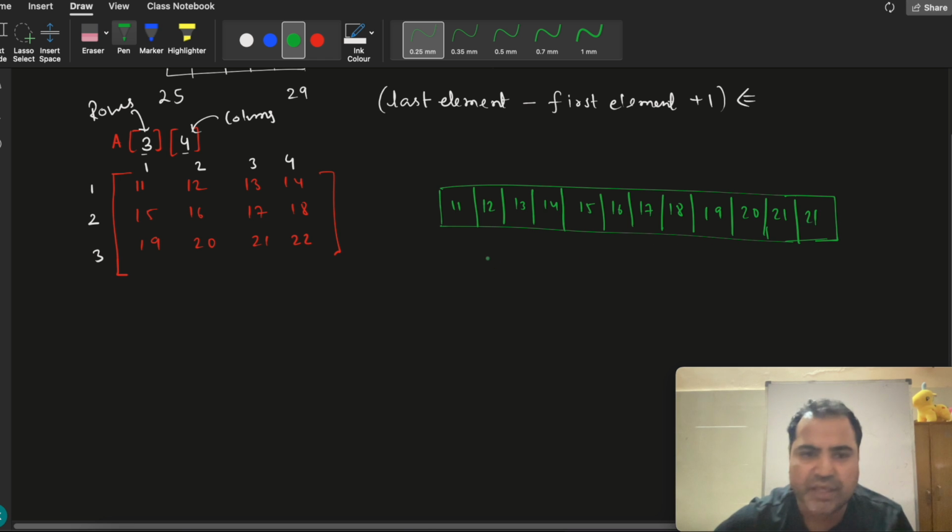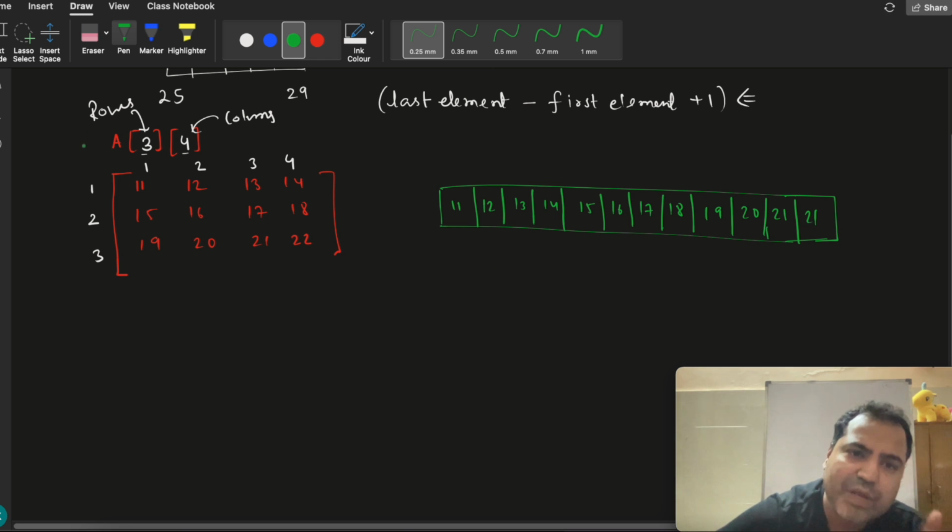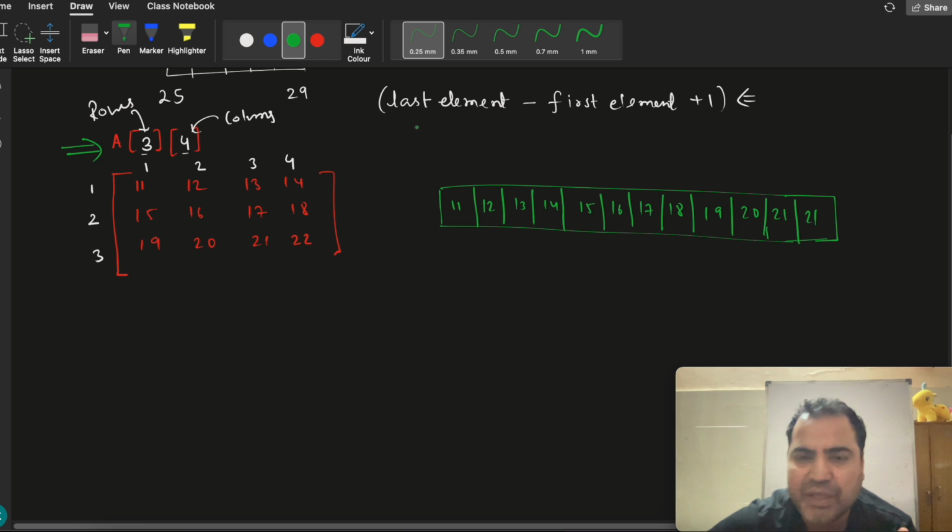We are declaring a two-dimensional array like this, but in actual computer memory, it will look like this only. The computer has its own logic for calculating things row wise or column wise.